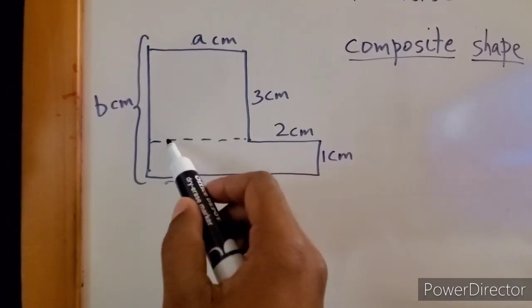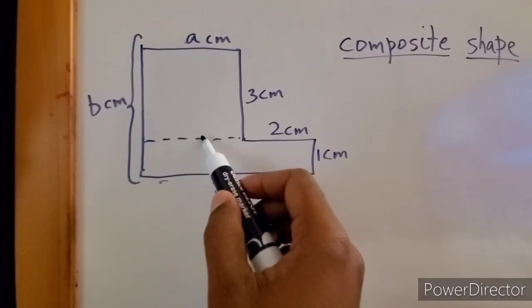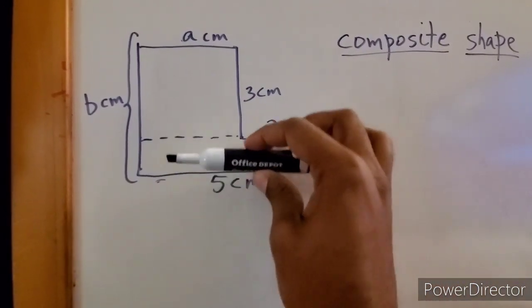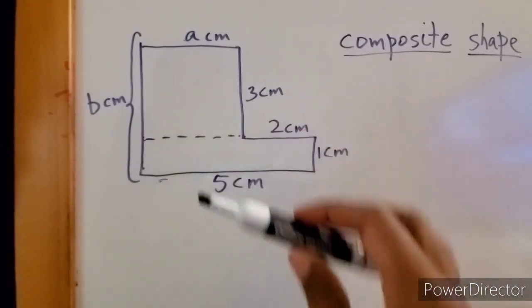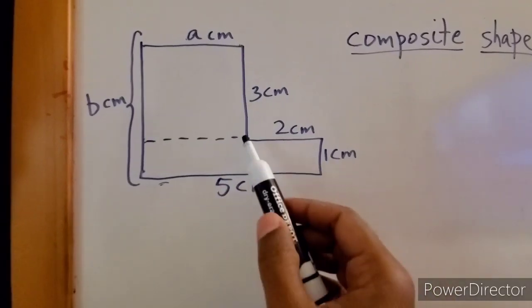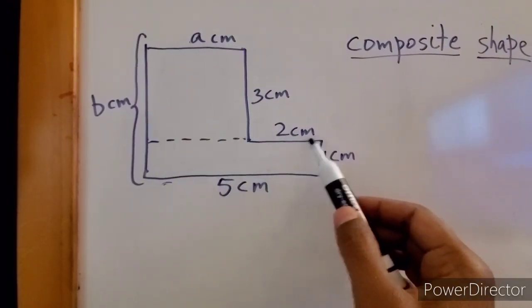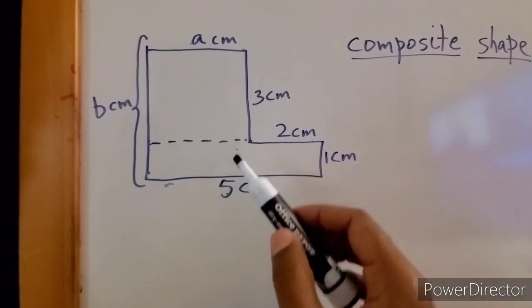The dotted line must be 3, because when you add 3 and 2, you get 5 across here. Remember, opposite sides of the rectangle are equal. So this would be 3 on the dotted line, plus 2 would be 5, identical to the other side.